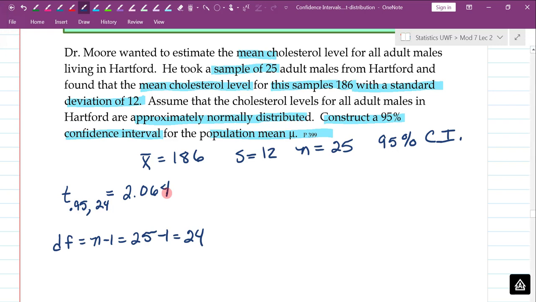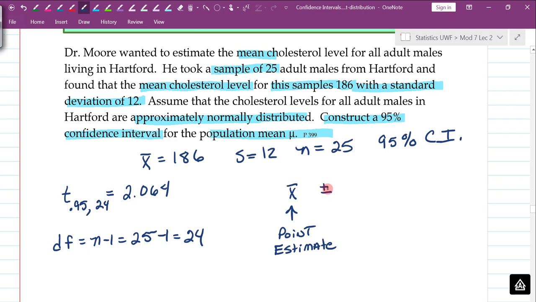And we're going to use the same formula that we've been using for confidence intervals, except we're just going to have a small minor change. So to calculate our confidence interval, it's going to be X bar. Again, this is our point estimate. And we're going to add to that point estimate and subtract from that point estimate. When we subtract, that gives us our lower bound. When we add, that gives us our upper bound. What are we going to be adding and subtracting?